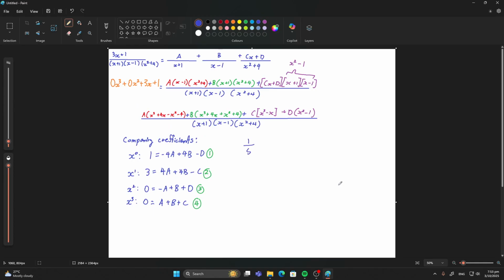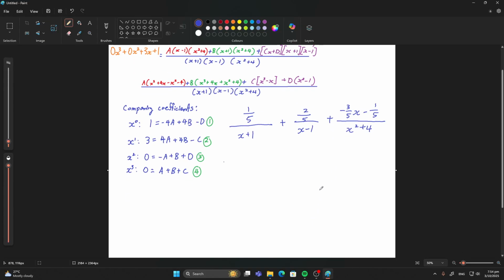So if you were to do that, you will end up with 1 over 5 over x plus 1, plus 2 over 5 over x minus 1, plus negative 3 over 5 over x minus, what's d? 1 over 5 over 2x plus 4.